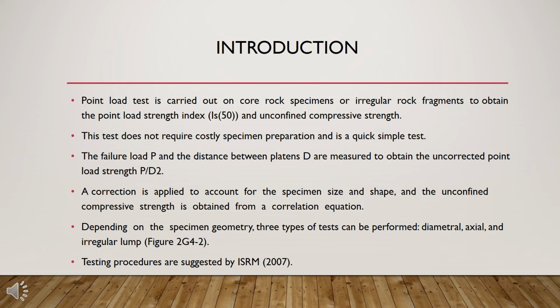Three types of tests can be performed: diametrical, axial, and irregular lump. Testing procedure is as suggested by ISRM 2007.